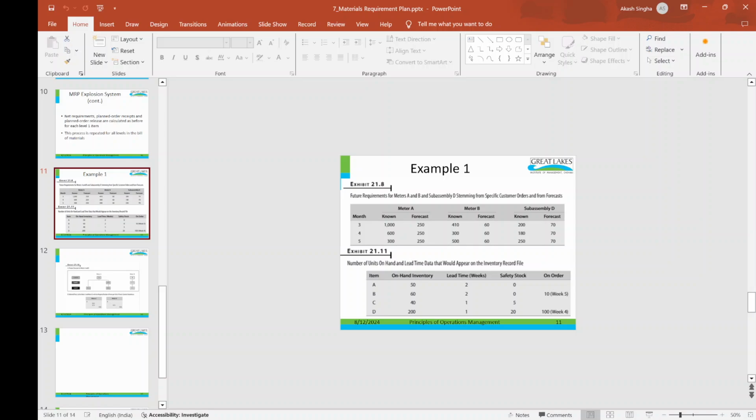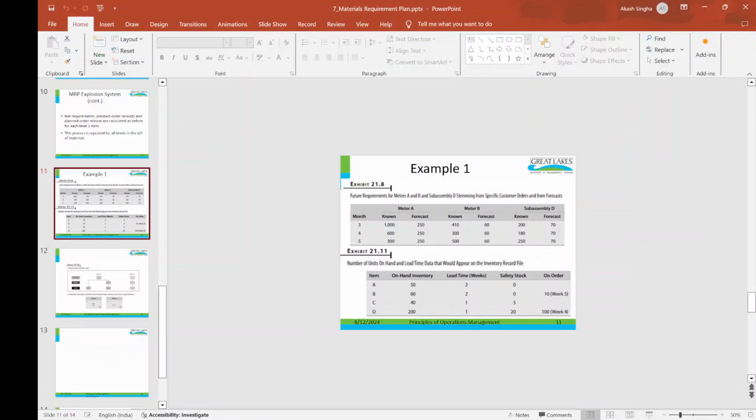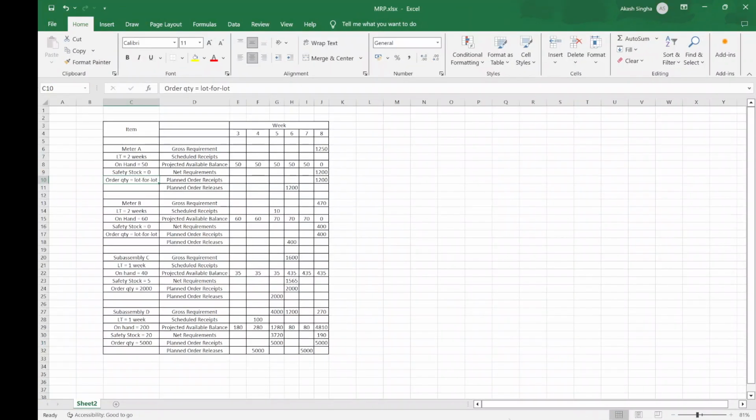Now we have to order, right? So how much do we have to order? It is given that for A it follows lot for lot. Lot for lot means whatever is needed we will order. But how much time does it take to come? Lead time is 2 weeks. So if we need 1250 in the eighth week and we have 50, we need 1200 more.